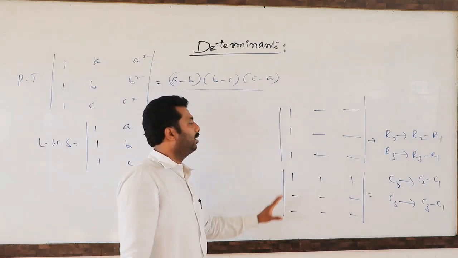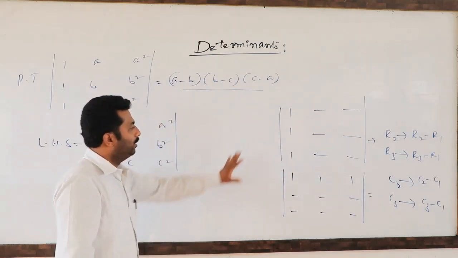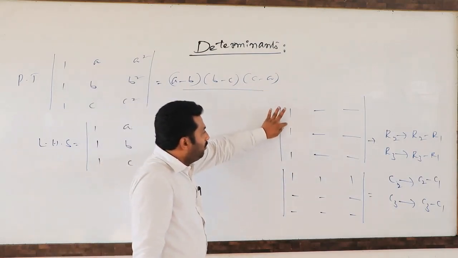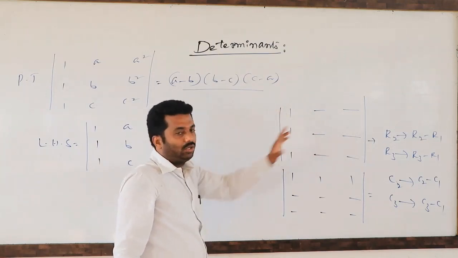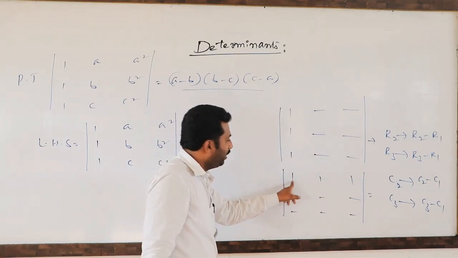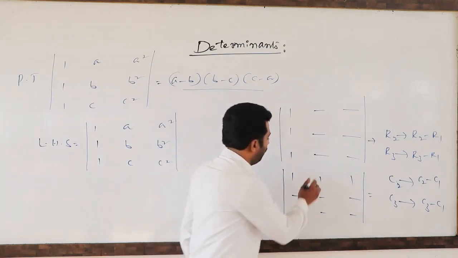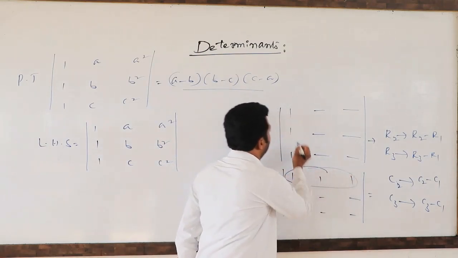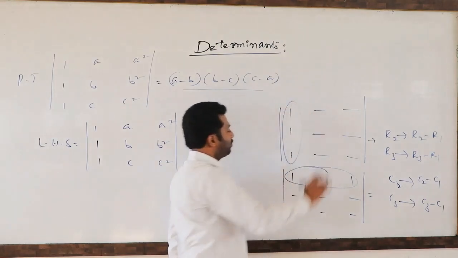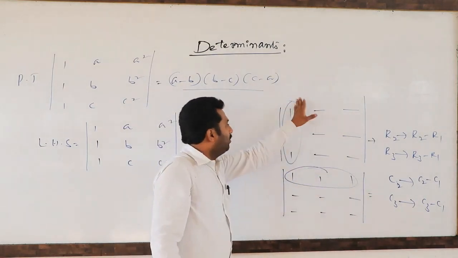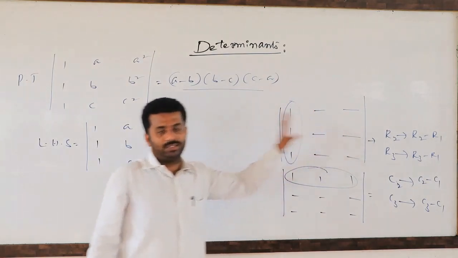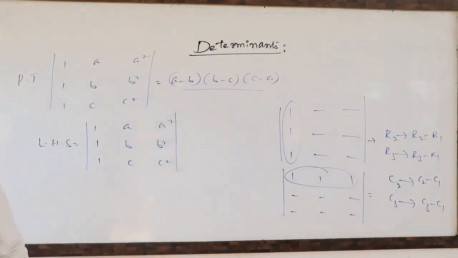So remember: if all elements of a column are 1, 1, 1, apply row operations; if all elements of a row are 1, 1, 1, apply column operations. That point you have to remember.